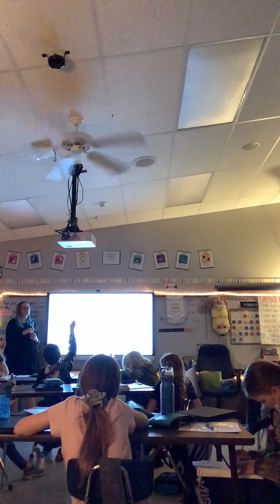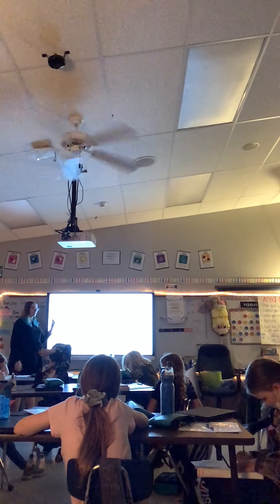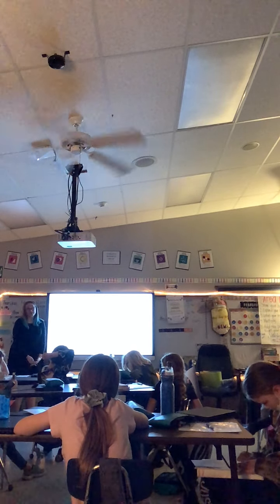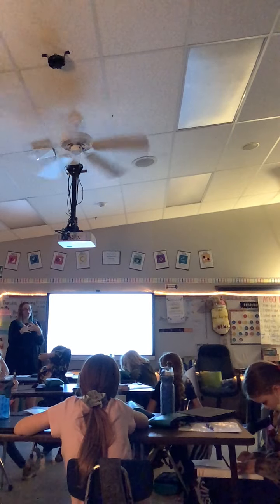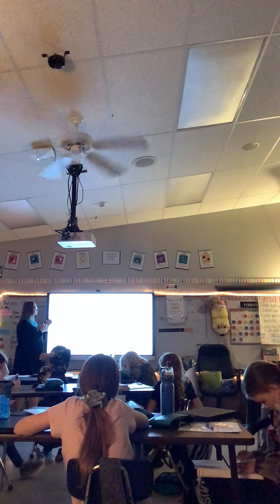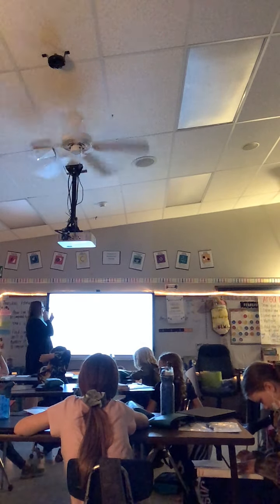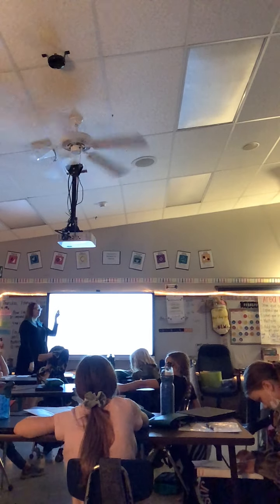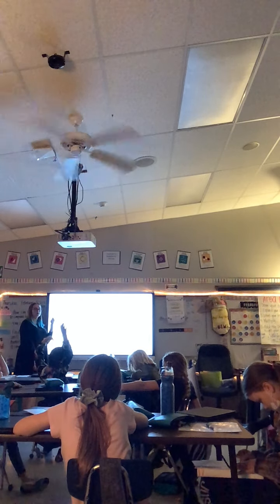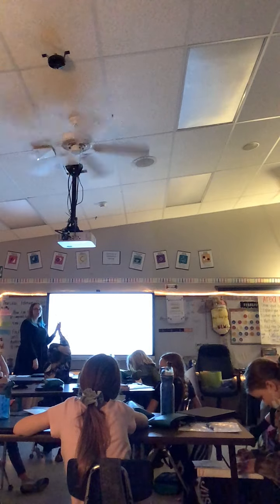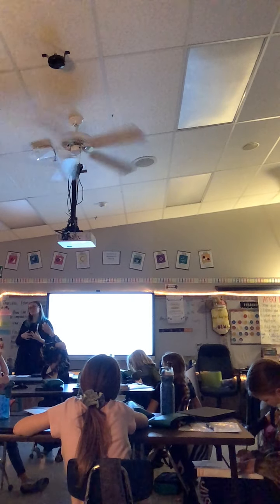What is a unit? Units are the denominator. 5, so fifths. So how do you think we would change the one whole to have the same units as 2 fifths?